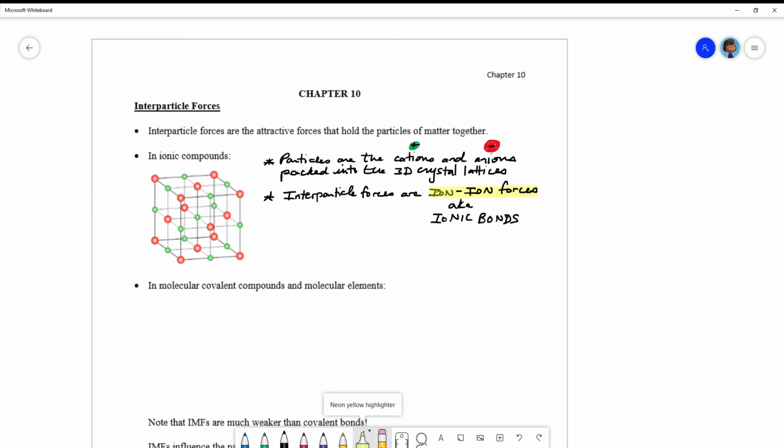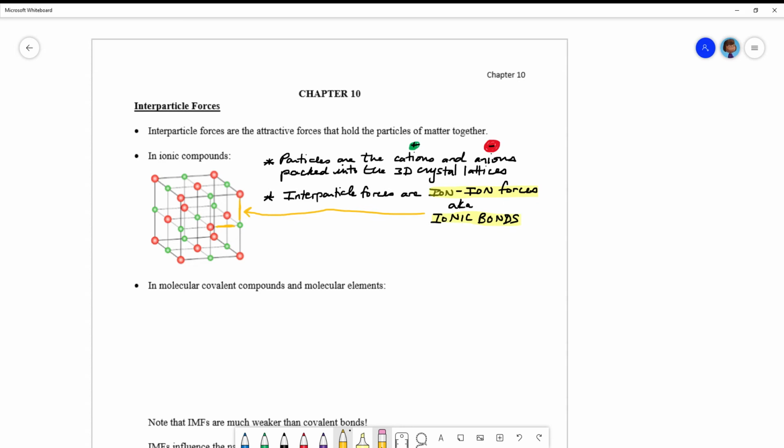So ionic bonds are, in fact, the interparticle forces in our ionic compounds. Over here in our structure, all of these lines represent our interparticle forces, which we could call ion-ion forces. But like I said, it's much easier to describe these as the ionic bonds themselves.